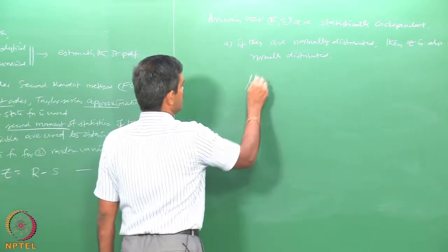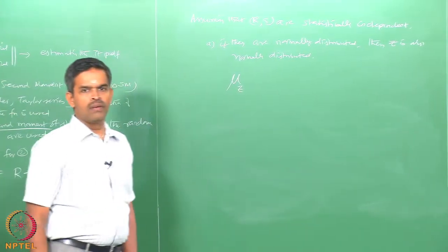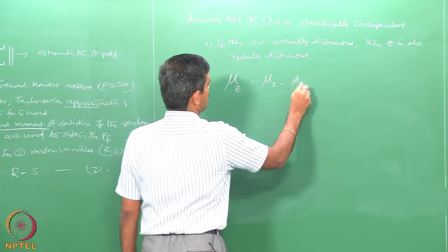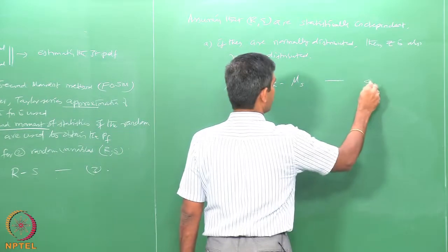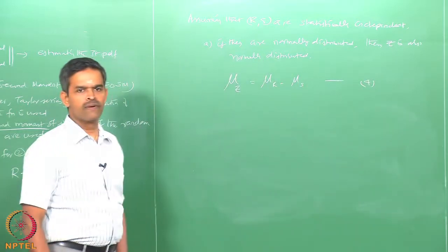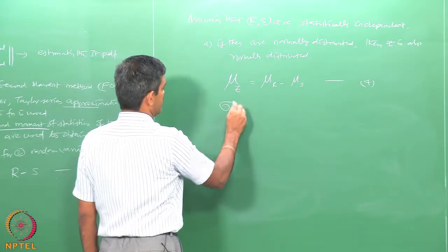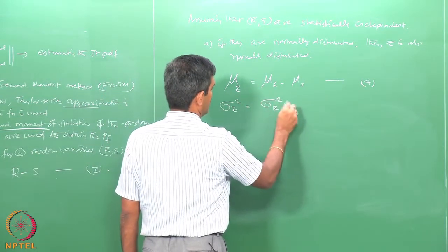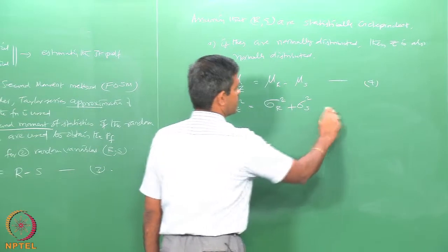Therefore, the mean of Z is the mean of R minus the mean of S, and the variance of Z is the variance of R plus the variance of S.